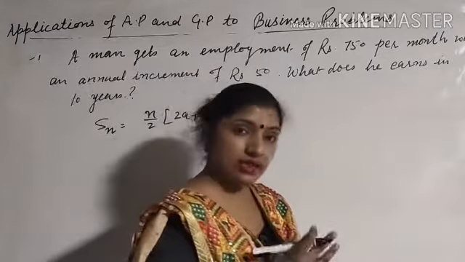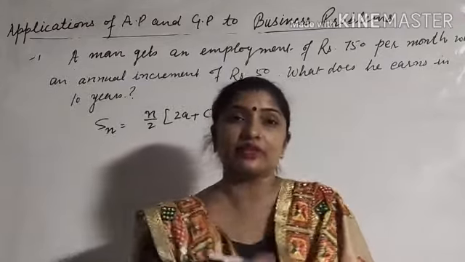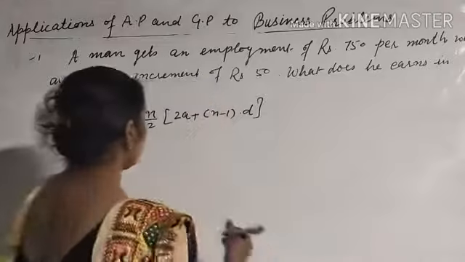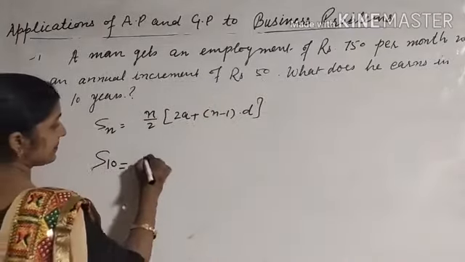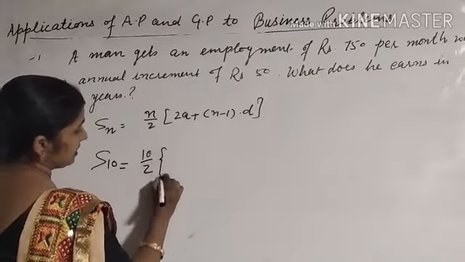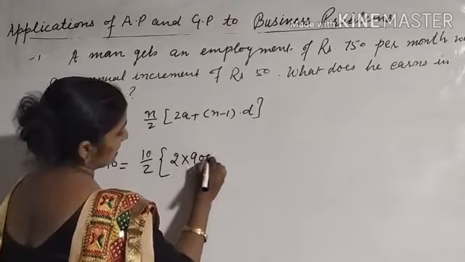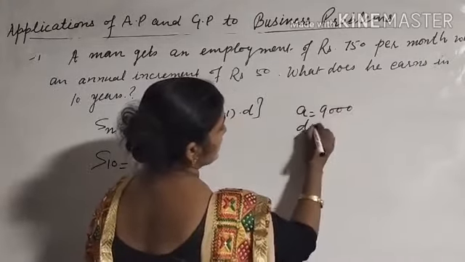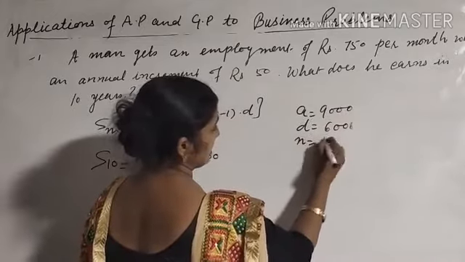Every year he gets a salary, the salary of the first year, then the salary of the second year, the third year, and we have to find the salary of 10 years. So it is S10, which is 10 by 2 into 2A, that is 2 into 9,000. Here A is 9,000, D is 600 and N is 10.